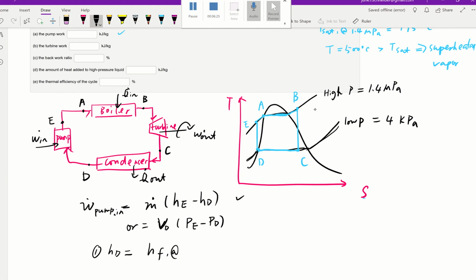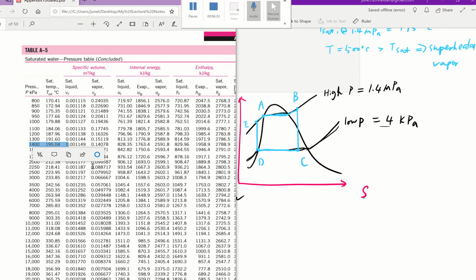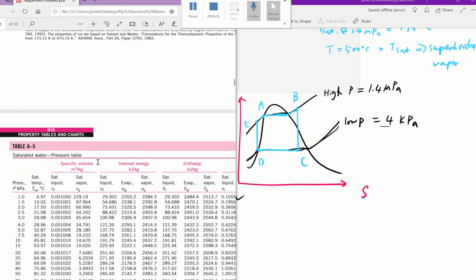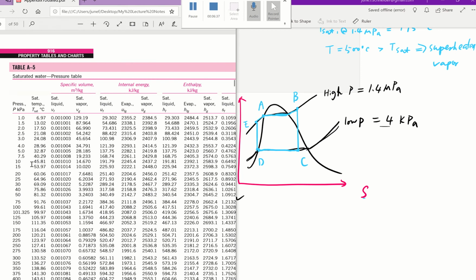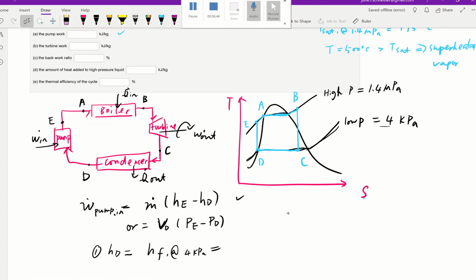This pressure line is 4 kilopascal, so we go to table A5 to find it. What's going to be our HF? It's 121.39 kilojoule per kilogram.